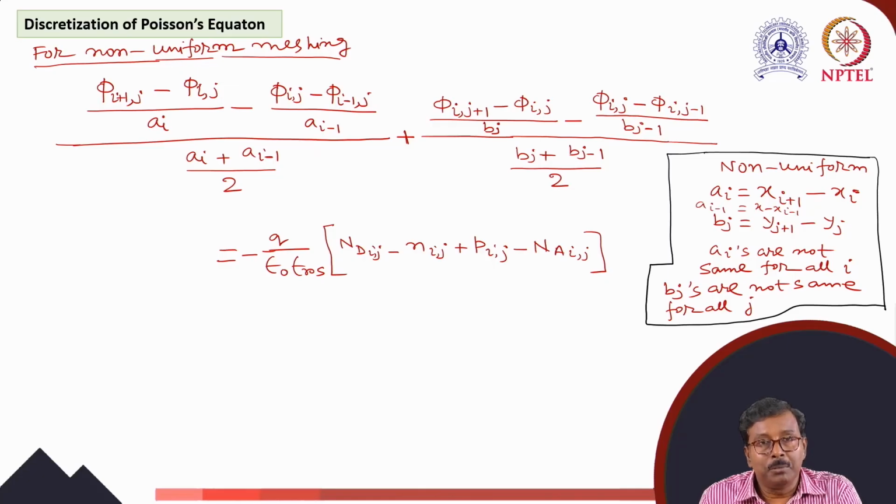How can we solve those equations? Because so many algebraic equations are coming, we have to take the help of a matrix solver, matrix method. In the steps for the numerical solution, we have shown a block diagram, and after discretization there was a block matrix solver. You just correlate with that.